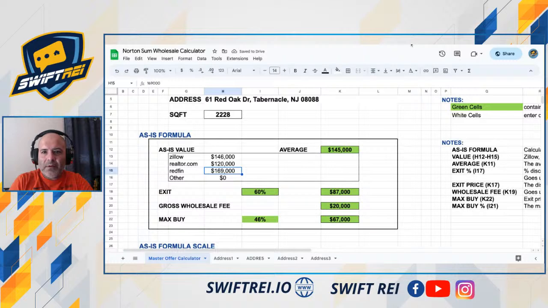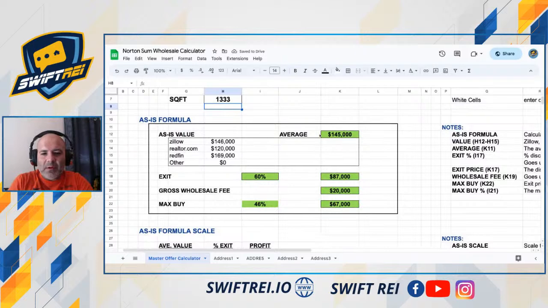Okay, and the square footage of the property was 1333. So we'll put that in there, 1333. All right. Okay, so what it's saying here is the average value, the as-is value, is going to be 145,000. That's the average of the three. So that's basically the as-is value of this property.